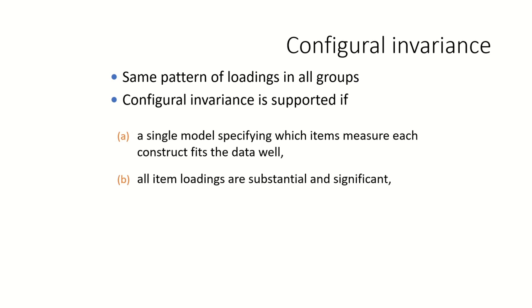We need to show that all the item loadings are substantial, and that's a little bit of a rubber band, but should be significant. And there should be no large modification indices. So basically the model should represent the data reasonably well, and there should be no other parameters that should be included in the model in order to make the model fit better.